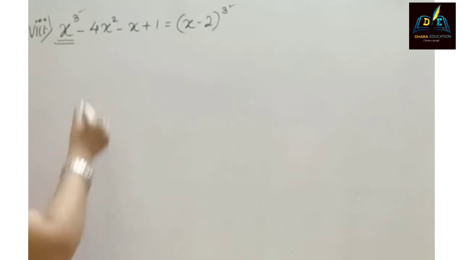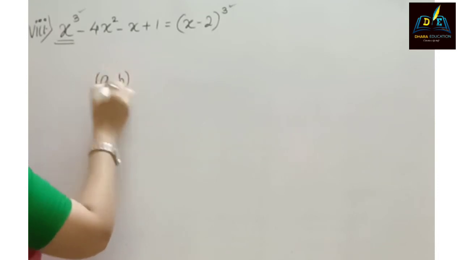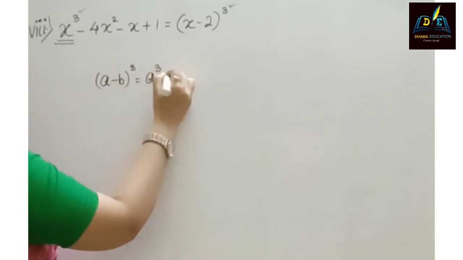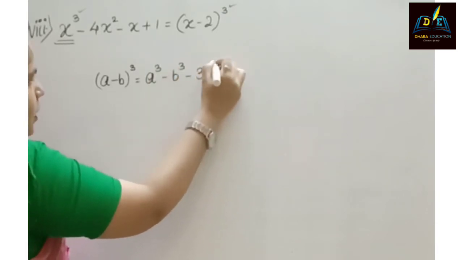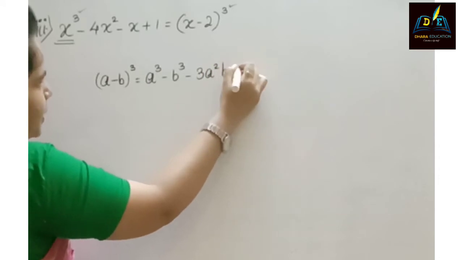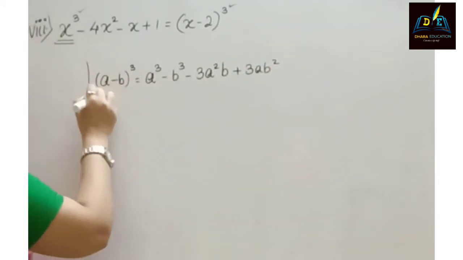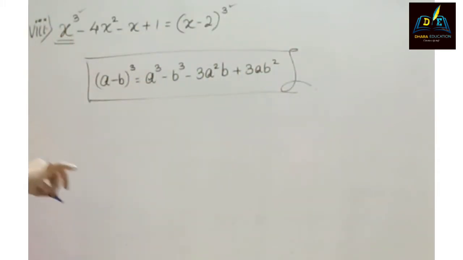The formula is a minus b the whole cube is equal to a cube minus b cube minus 3a square b plus 3ab square. This formula you need to use in this sum. So let's start.